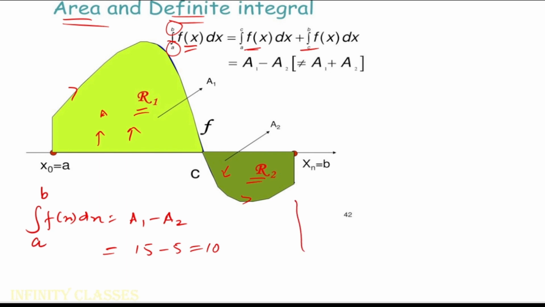But to find the total area, a1 plus a2 will be the answer. So this is the difference between them sometimes, but if the curve is also above the axis, then the definite integral and the area will be the same.